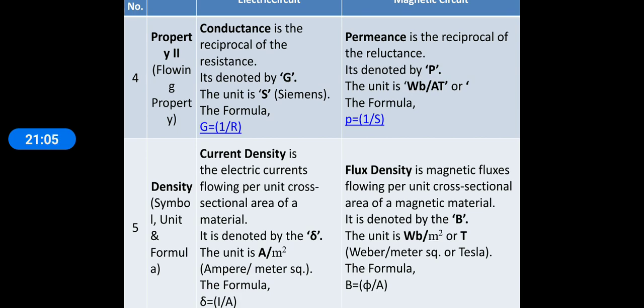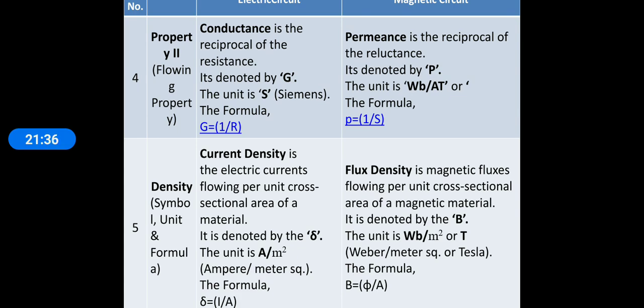In a magnetic circuit, the flux density is the magnetic flux flowing per unit cross sectional area of a magnetic material. Magnetic flux density is denoted by B. The unit of magnetic flux density is Weber per meter square or Tesla.